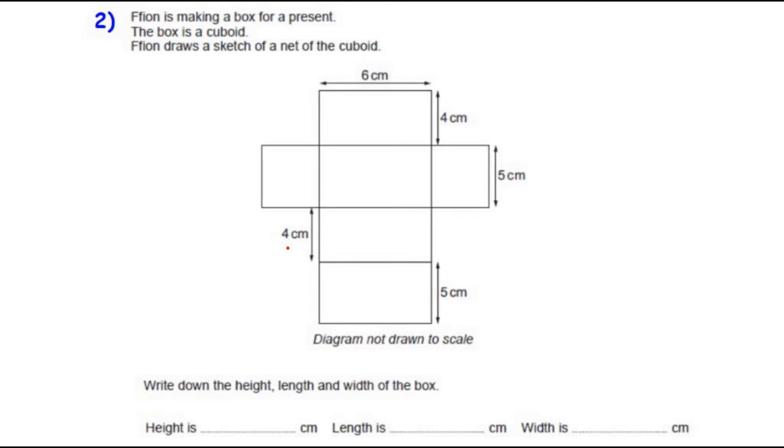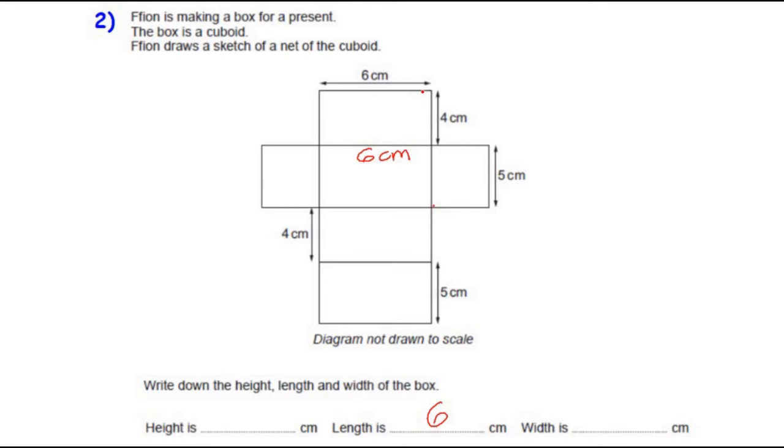So first of all, if it was me, I would look for the base. So I would say this rectangle here is the base. Now if that's the base, that would mean that this 6 centimeters is the same here. So it's 6 centimeters here. So we could say that the length of it is 6 centimeters.